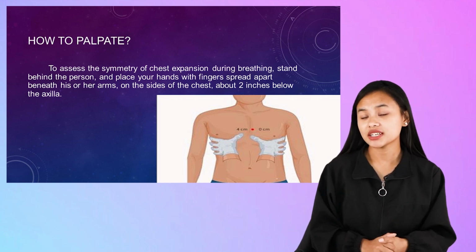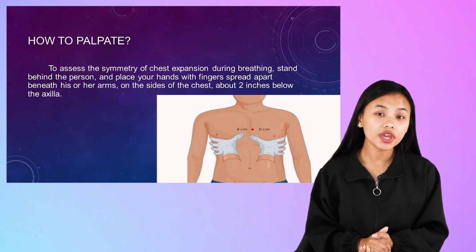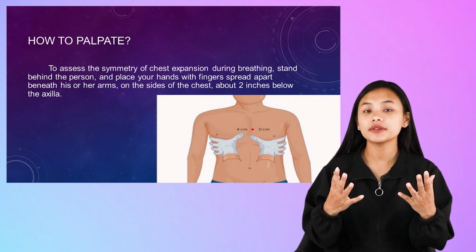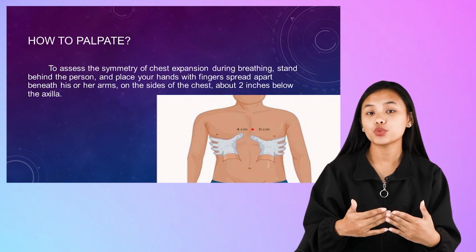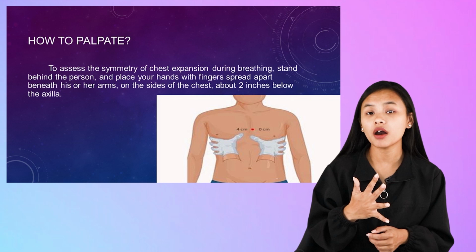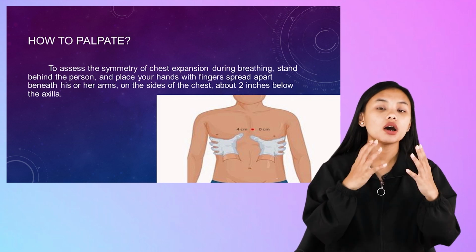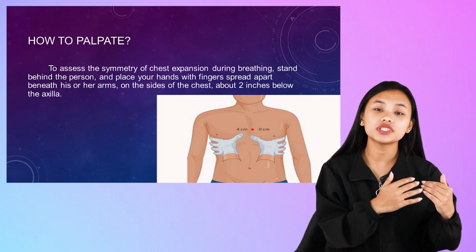In order to assess the symmetry of the chest expansion during breathing, we can tell the client to stand in front of us, and then we place our hands with fingers spread apart beneath his or her arm on the side of the chest about 2 inches below the axilla.